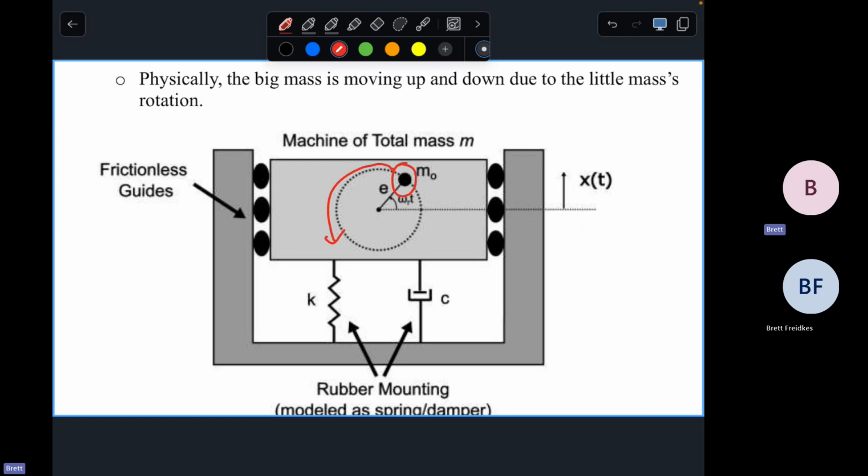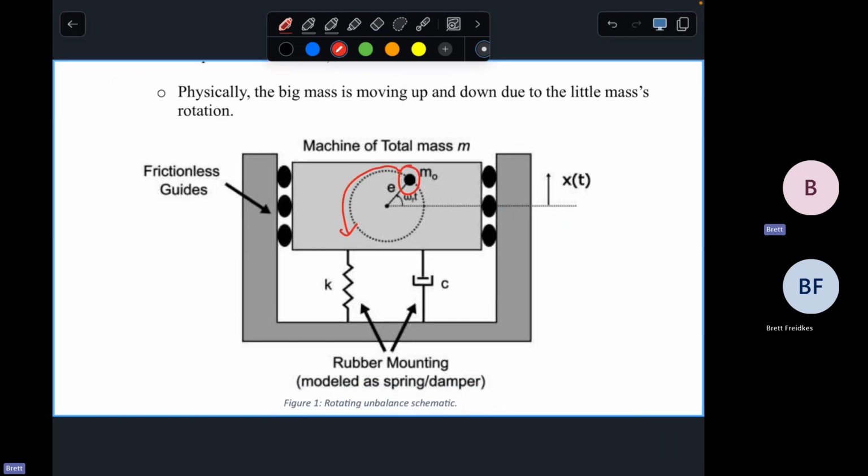Because it's rotating in a circle, it causes a force to act on the rest of the system, basically causing it to move up and down. As this mass goes down, that force causes the system to go down as well, and as it goes up, the system goes up with it. That's what's physically happening.